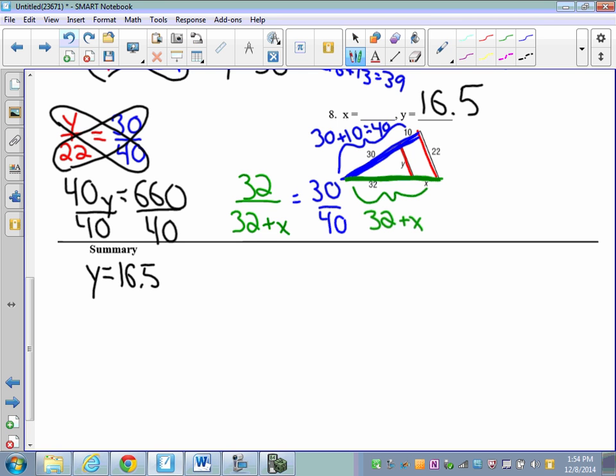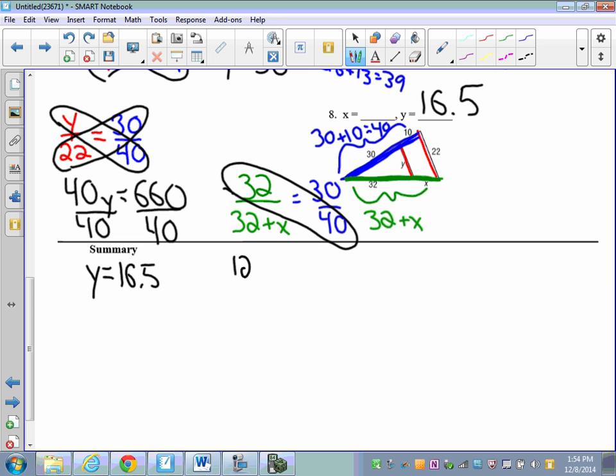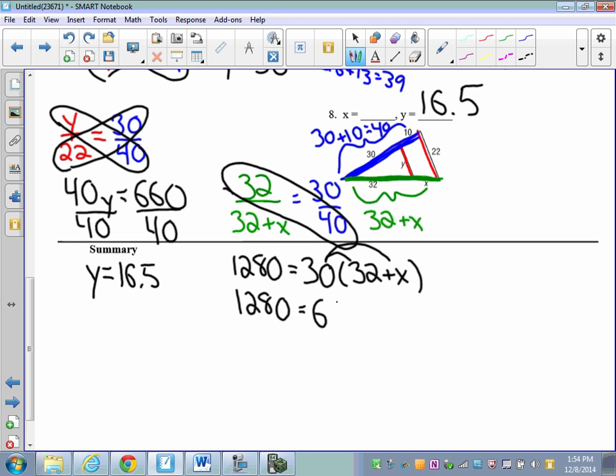When I cross multiply this, 32 times 40, let's get the calculator to make sure, is 1280. So 1280 is equal to 30 times 32 plus x. I wanted to write this out because a lot of you forget to distribute. Whenever we do this, we get 1280 is equal to 960 plus 30x.